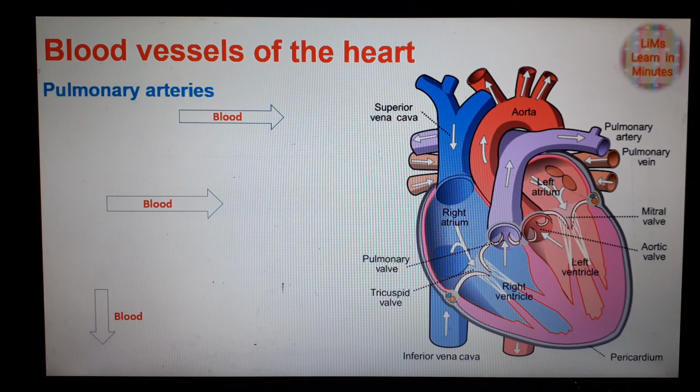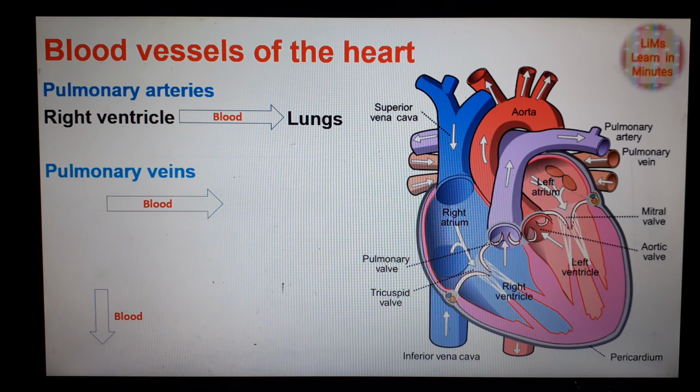Second, pulmonary arteries. Pulmonary arteries carry blood from the right ventricle to the lungs. Third, pulmonary veins. There are four pulmonary veins. They bring blood from the lungs to the left auricle.